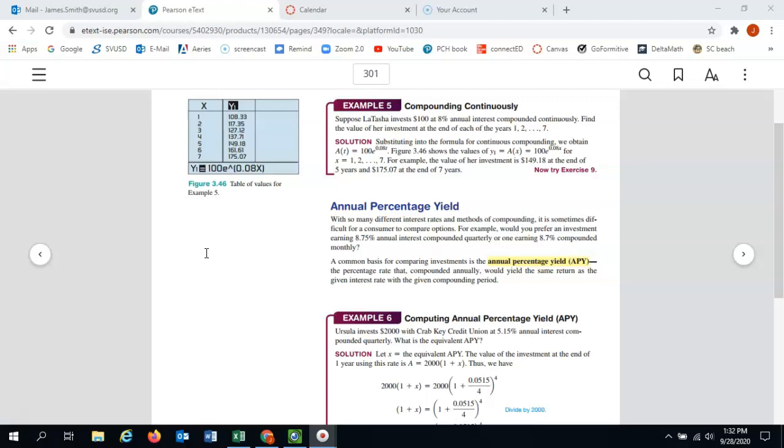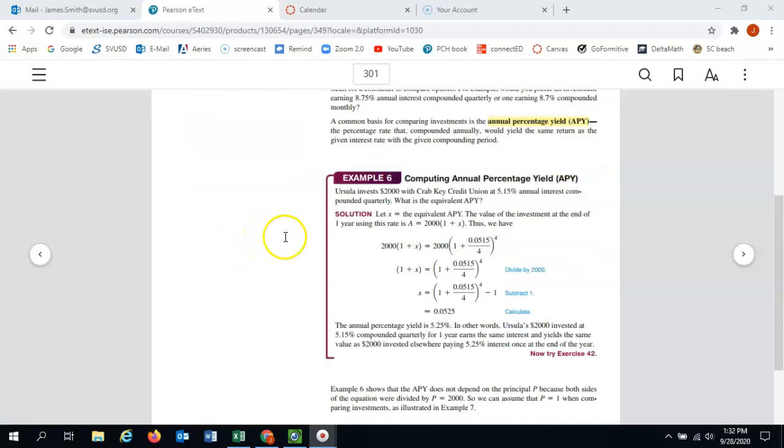Annual percentage yield is great to know for comparing one investment to another. If you walked into a bank and they said, and I'll just use this as an example, let's say you're going to invest your 2,000 bucks, and one bank says, well, we're going to invest your money at 5.15%, but we're going to compound it quarterly.